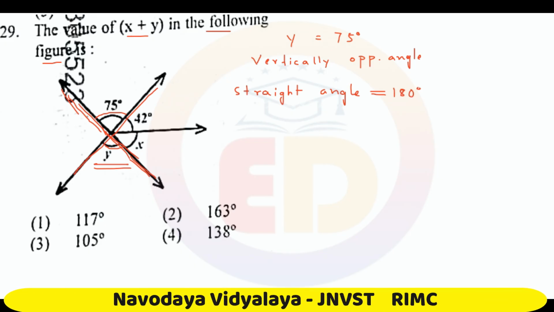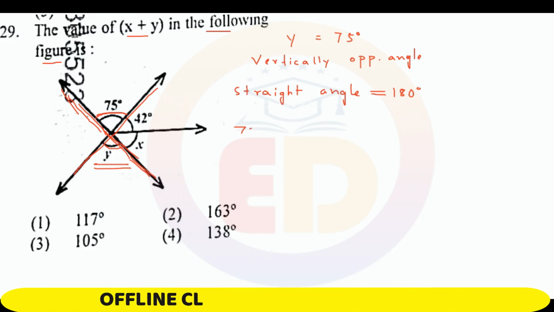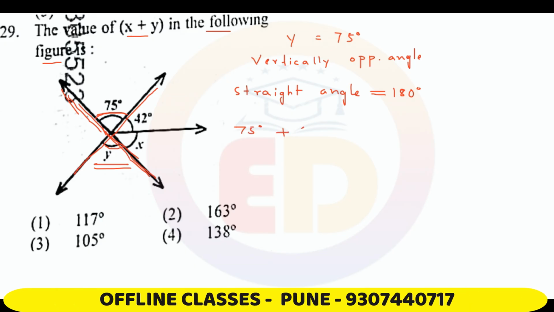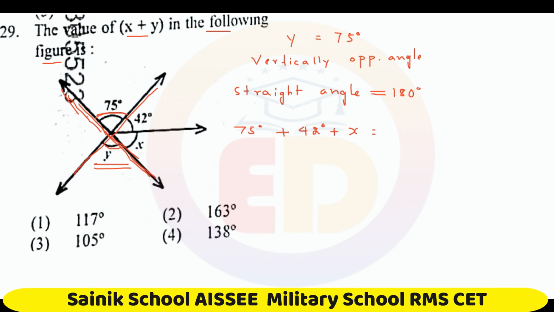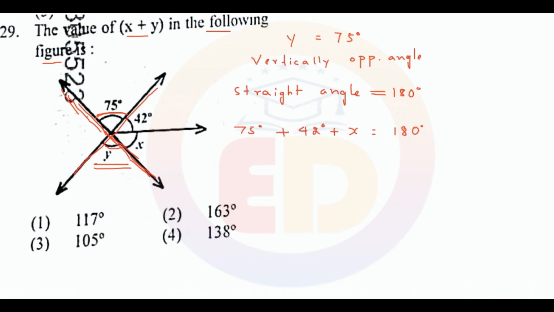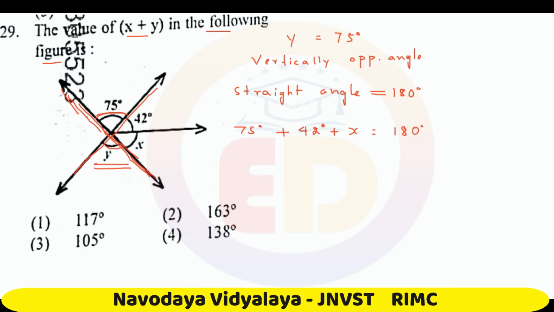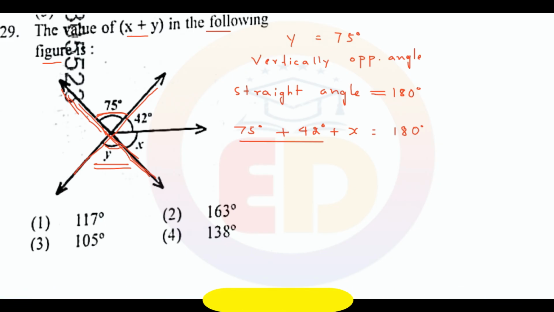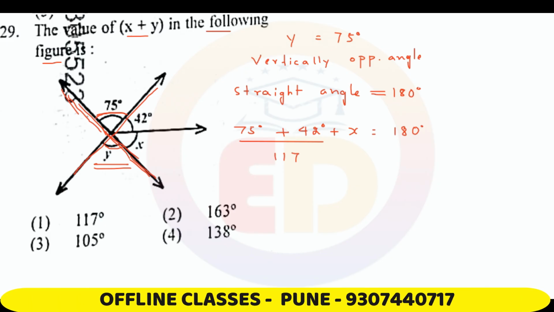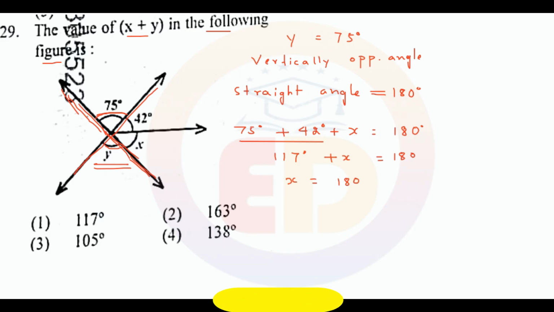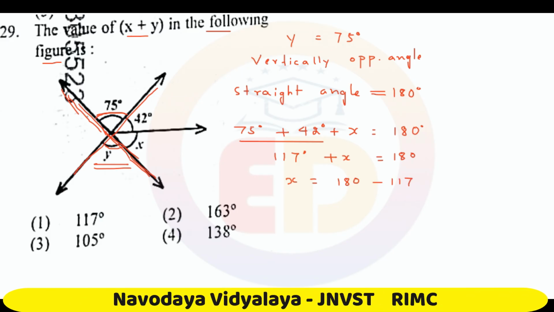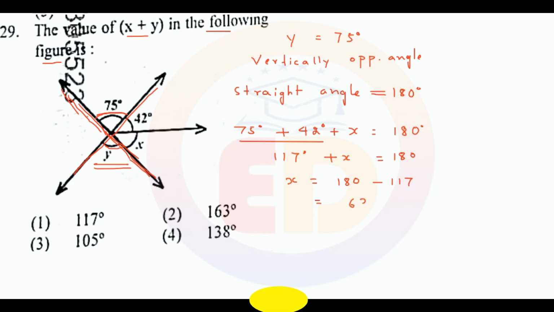Means 75 degree plus 42 degree plus angle x, the sum of all these three should be 180. 75 plus 42, I add these, it comes to 117, plus x, it should be 180. So the value of x should be 180 minus 117, which is 63.